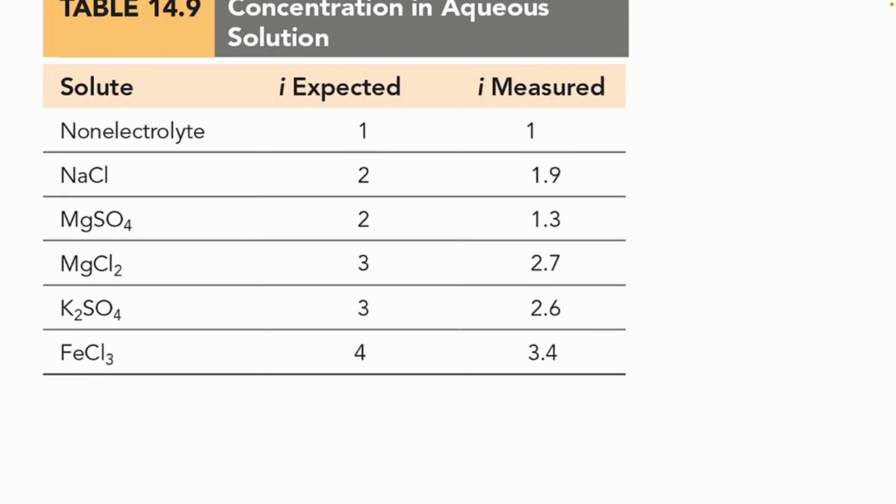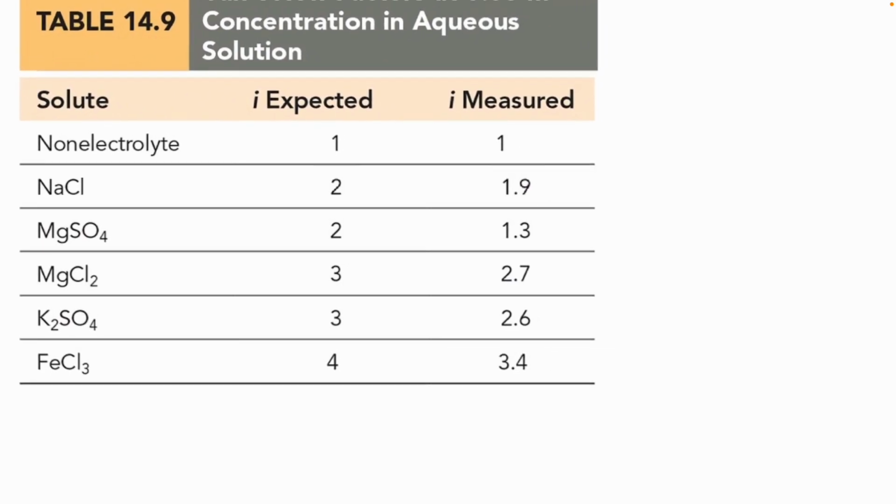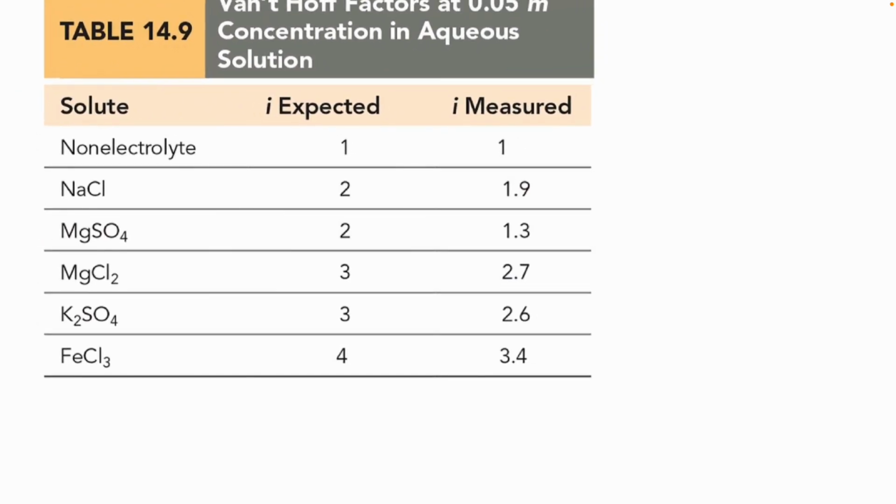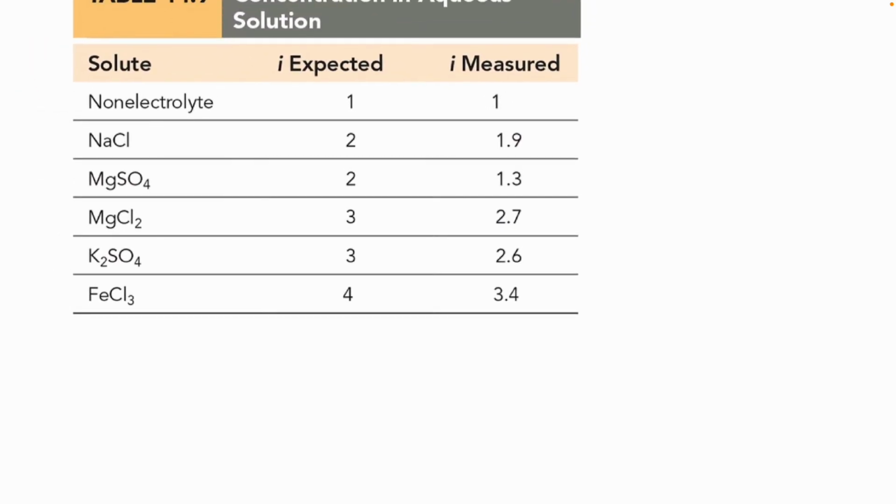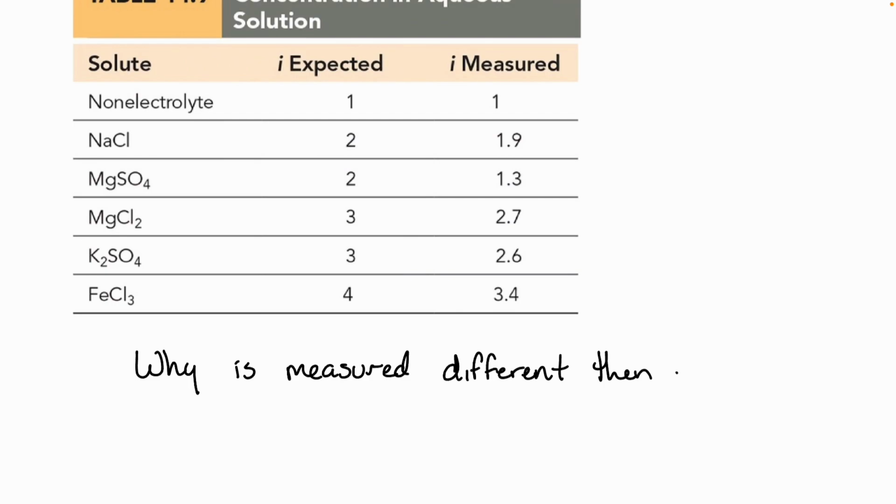So you can see that for certain compounds, what we would expect, we actually have a slightly different value when we measure it. Why is it measured different than expected?